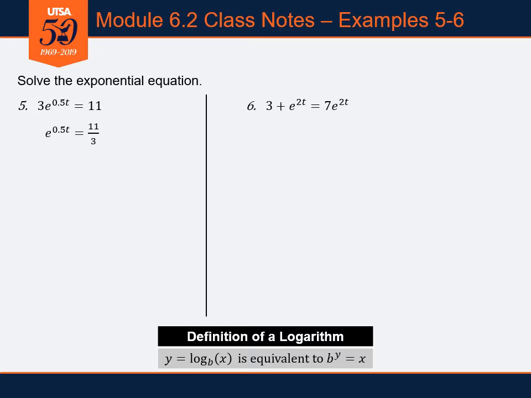That says if I've got a base to a power equals a result, I could actually just rewrite that, rearrange that into a logarithm. Log base e, the natural log, of the result 11/3 equals the power 0.5t.